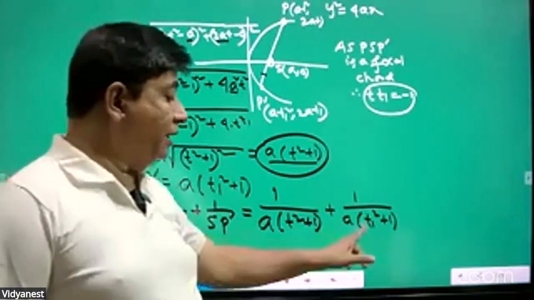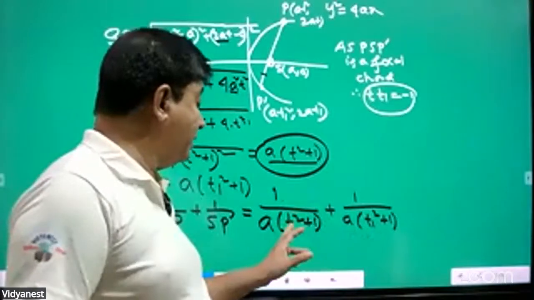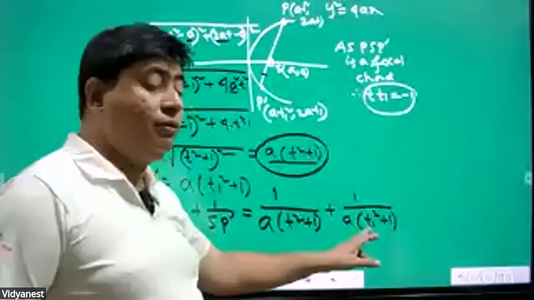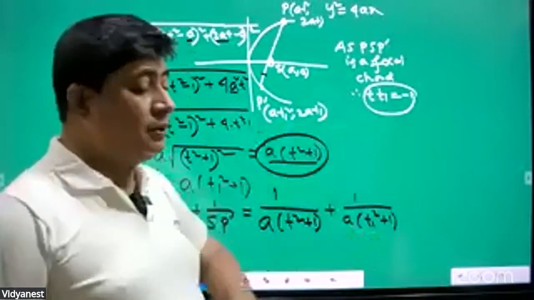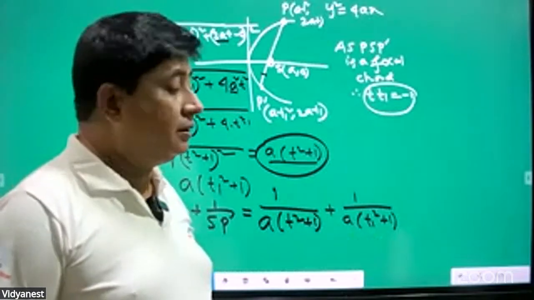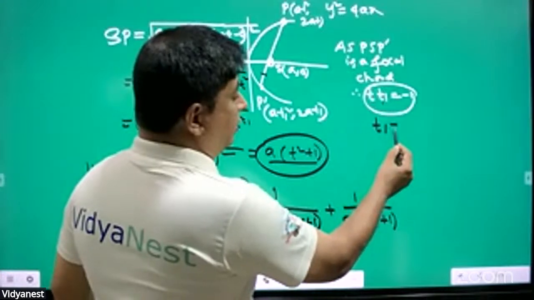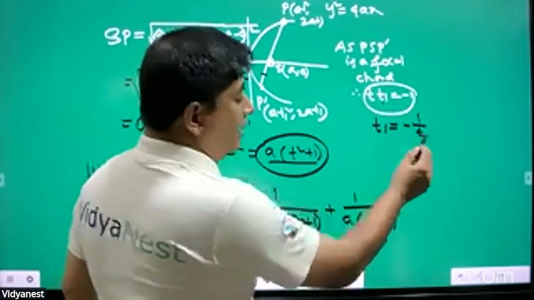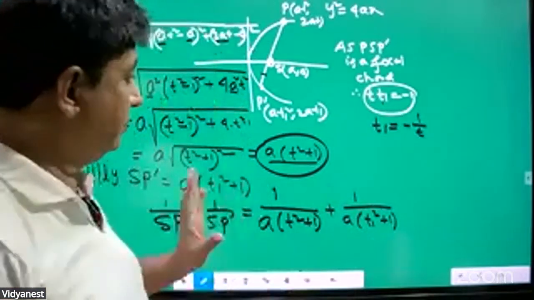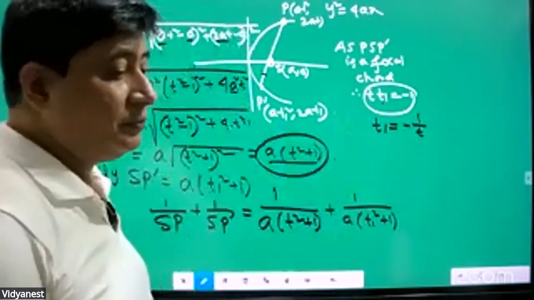Now tell me, instead of t1, just to ease the calculation or just to add them, how can you replace t1? What relation you got few minutes back? See, you got t t1 is equal to minus 1. Yes or no? T1 is equal to minus 1 by t.